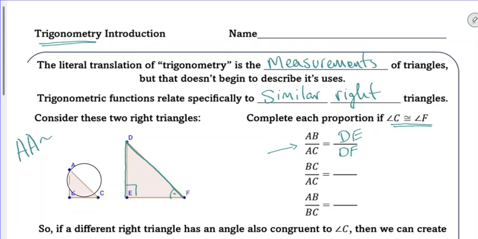Looking at that second one, BC, the other leg, over the hypotenuse. BC over AC is the same as this leg over that hypotenuse, EF over DF. And then the last one is comparing the two legs. AB over BC is the same thing as DE over EF.